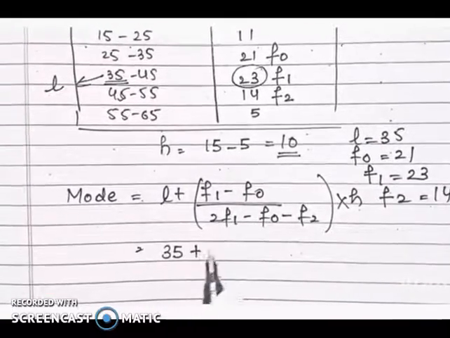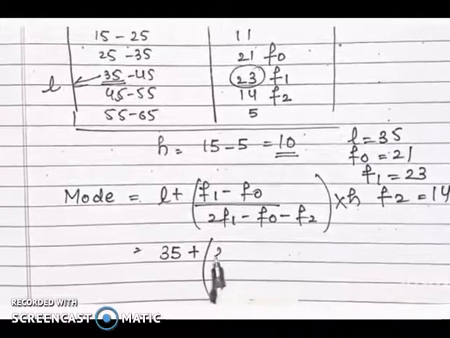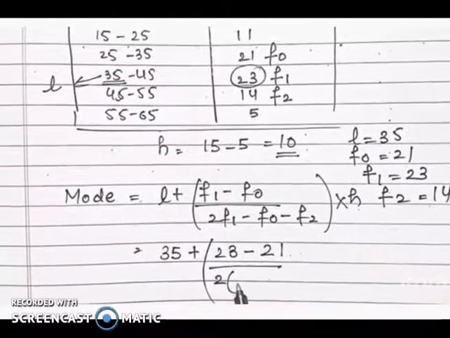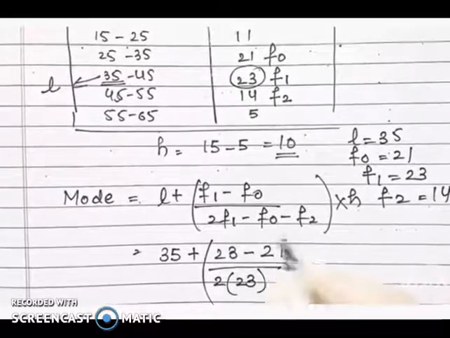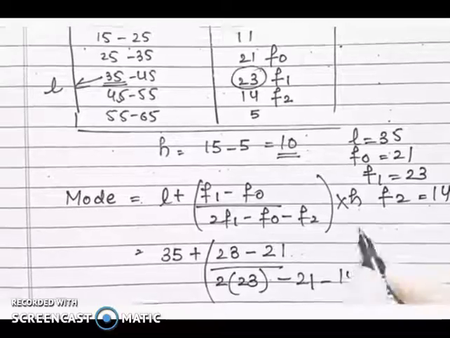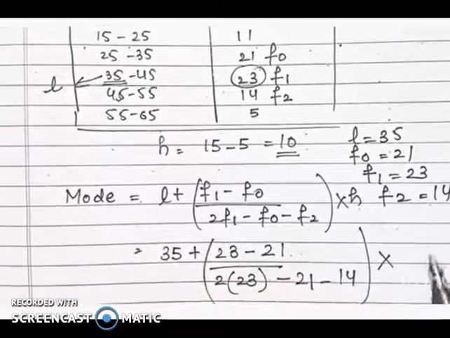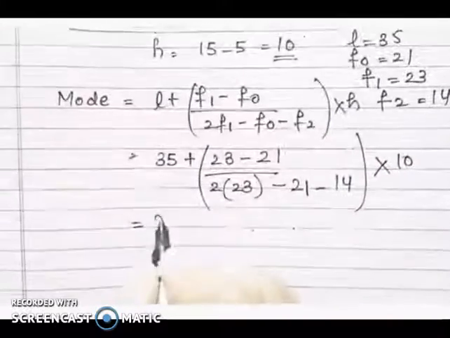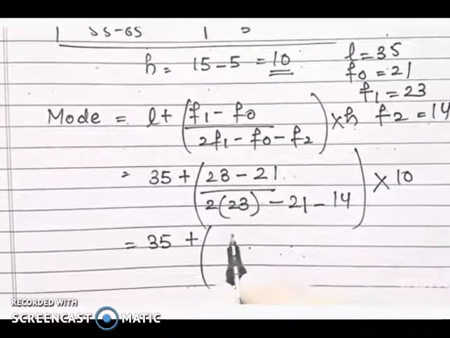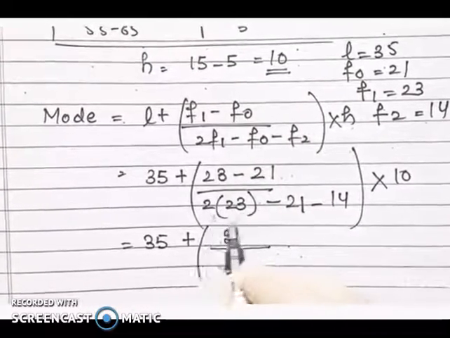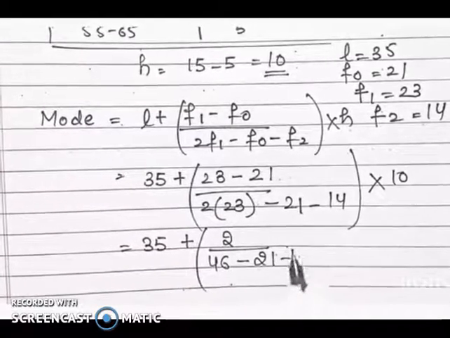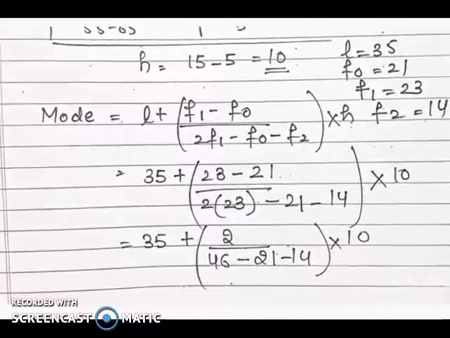It's solved as 35 plus (23 minus 21) into 2 into 23 minus 21 minus 14, into 10. Subtracting, you will get 2 by 2 into 23, which is 46 minus 21 minus 14, into 10.